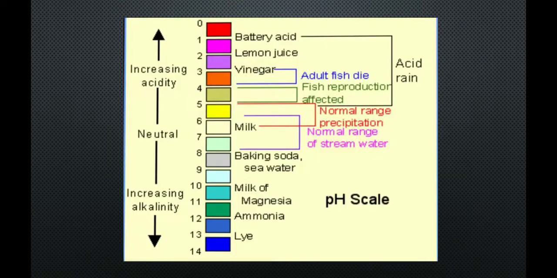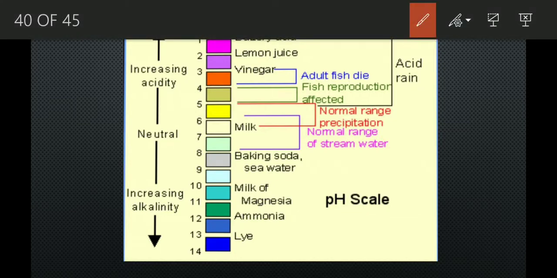Here are some pH values. For example, this is pH 7, the neutral pH of pure water. Now when we move upwards from 7, acidity increases.